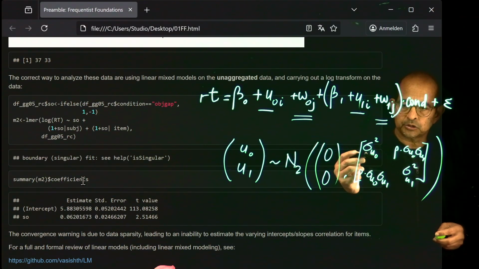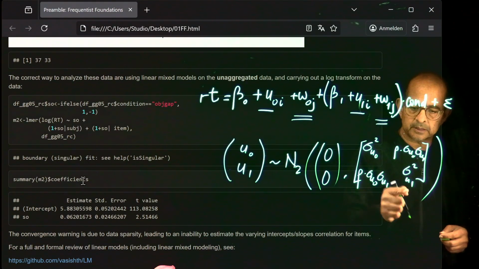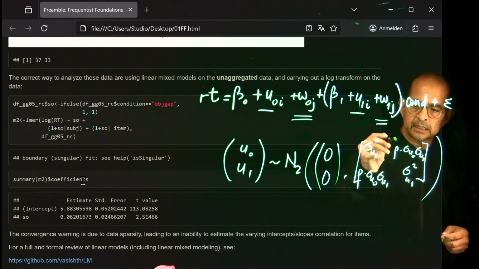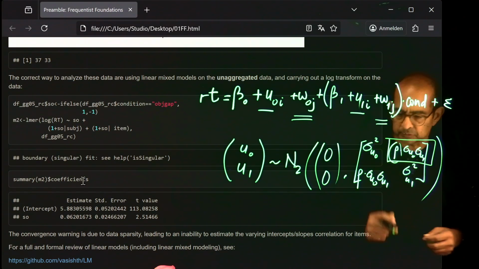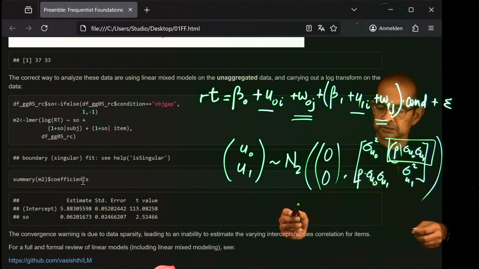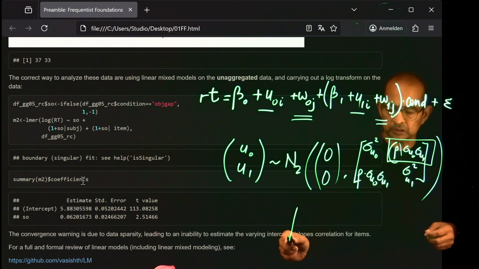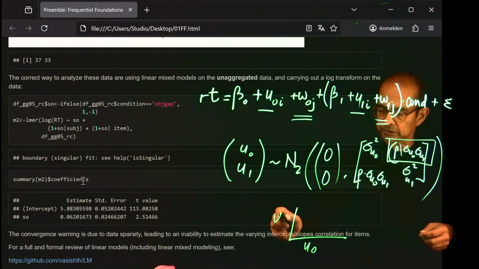Sigma U0 squared represents the variance of U0, and this one represents the variance of U1. This is the correlation between the two parameters, and this whole term represents the covariance between them. The correlation parameter is telling you the relationship between U0 and U1.